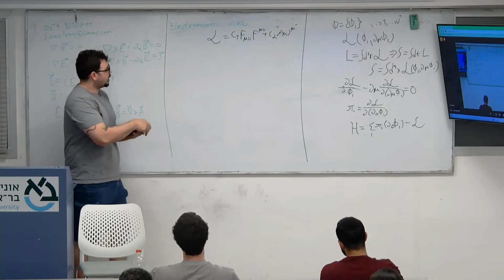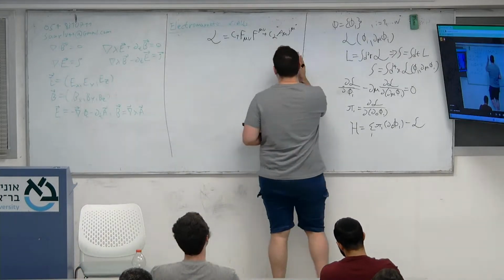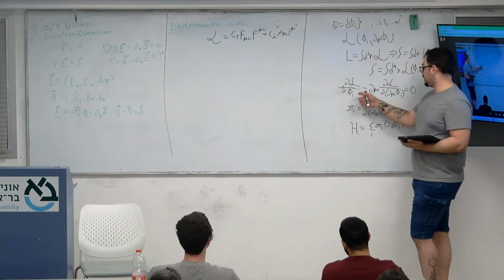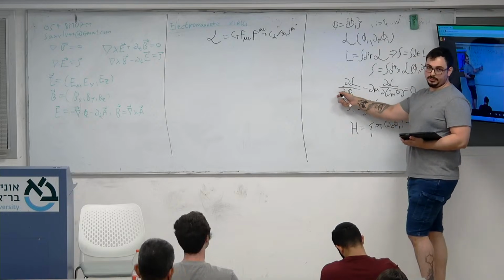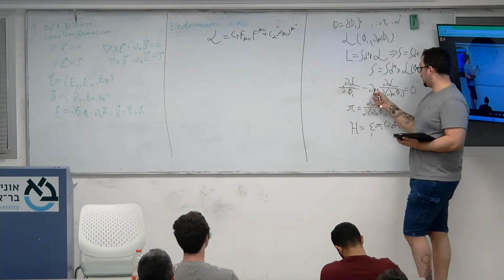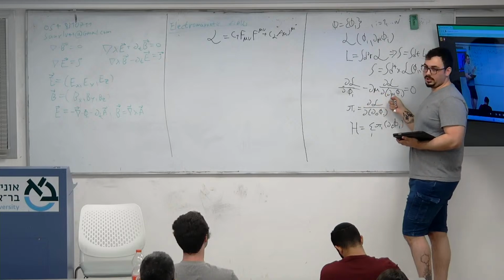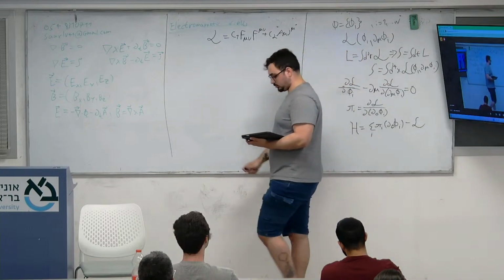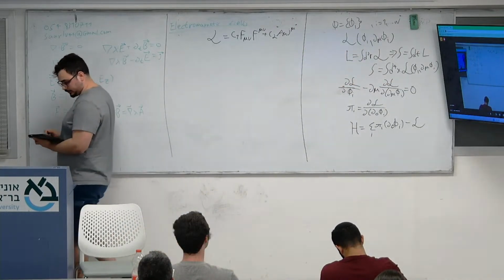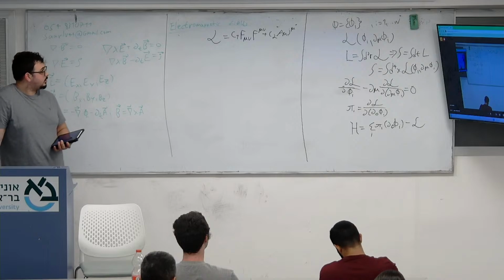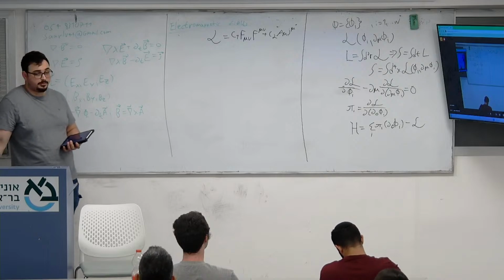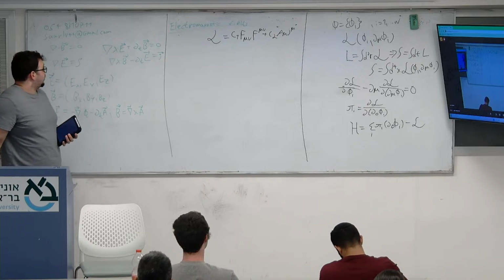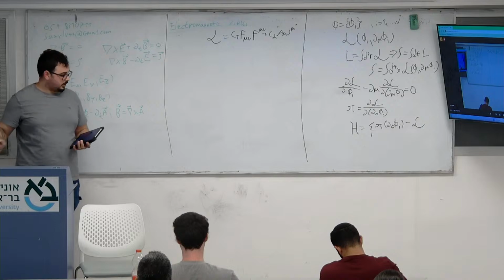So overall we have 4 different fields, 4 different elements of the 4 potential, and we need to calculate 16 terms: 4 terms for each direct derivative, and another 4 terms for each one of the derivative of derivative. And we expect, if we get the equation of motion, to see the Maxwell equation again somehow.